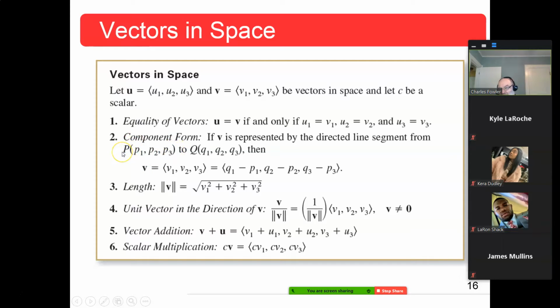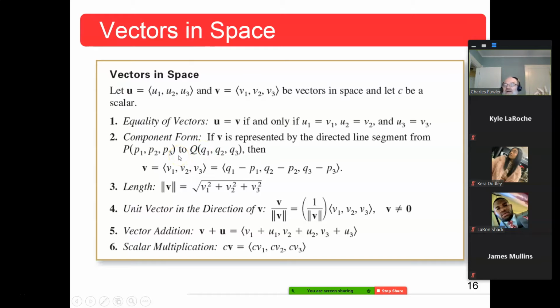Point Q is the end of a line segment going from P to Q. The coordinates of Q would be Q1, Q2, and Q3. Then the vector V, which is V1, V2, and V3, is precisely Q1 minus P1, comma, Q2 minus P2, comma, Q3 minus P3.